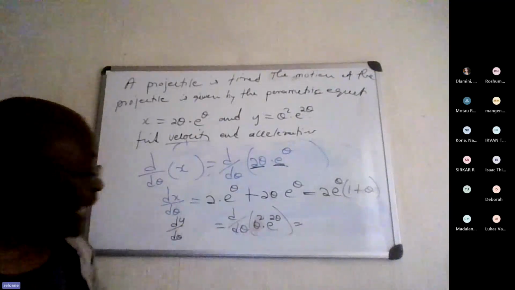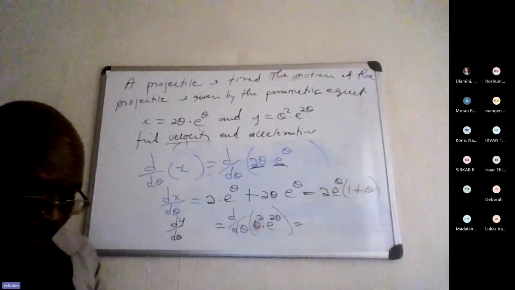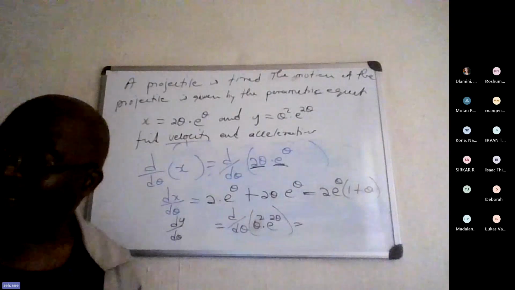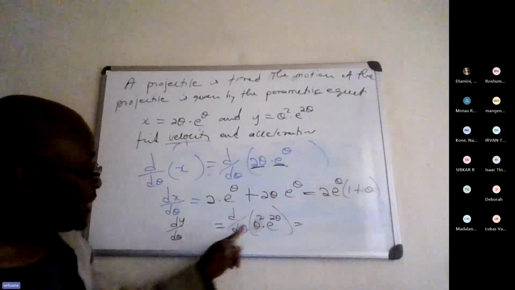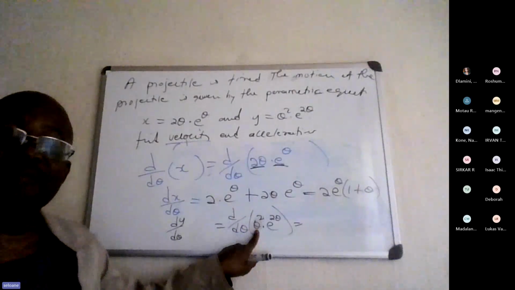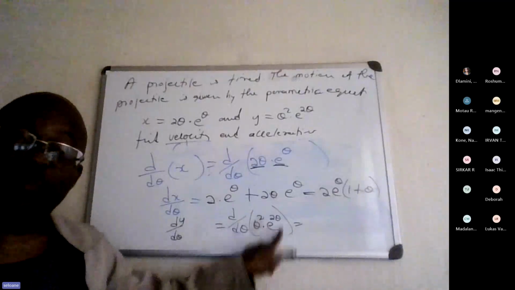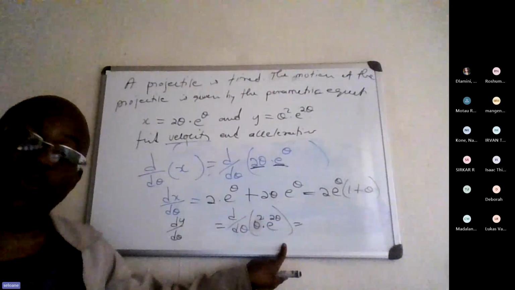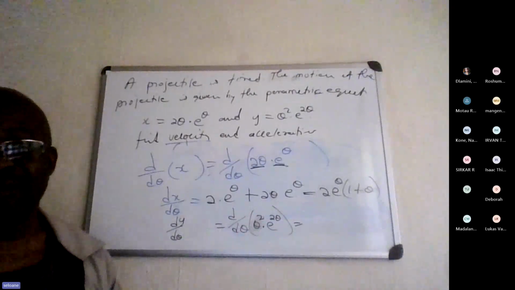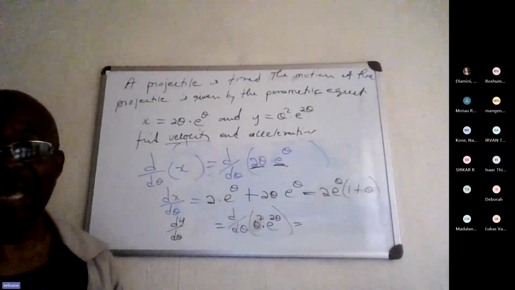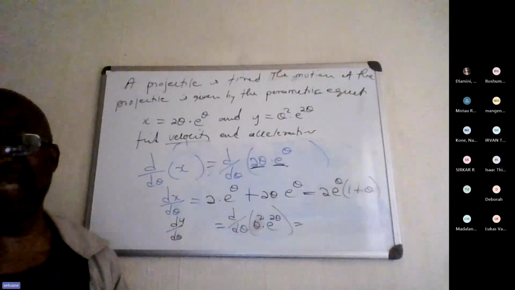And now, what about the right side? The same thing. You can see that the right side is in product form: theta squared multiplied by e exponent 2 theta. So it is the product of two functions, and each is in terms of theta.